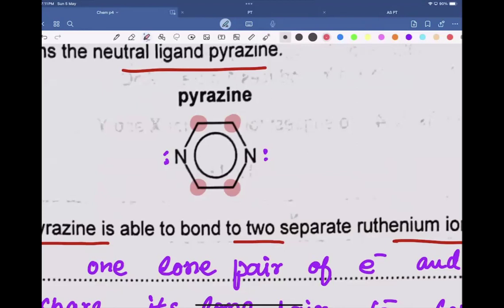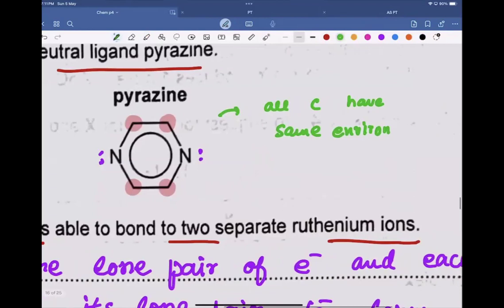So if you see over here, all carbons have the same environment. So it means how many peaks are we going to get? We are going to get one single peak for all 4 carbon atoms, right?